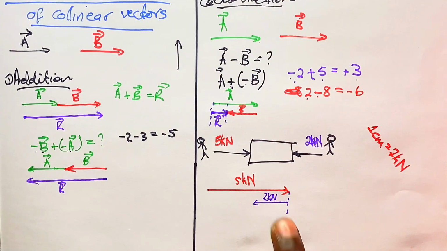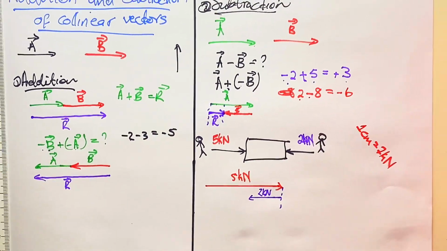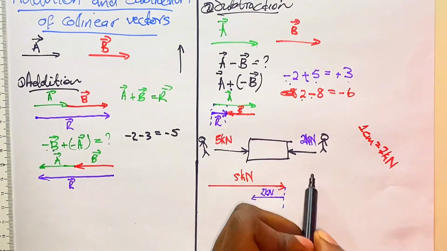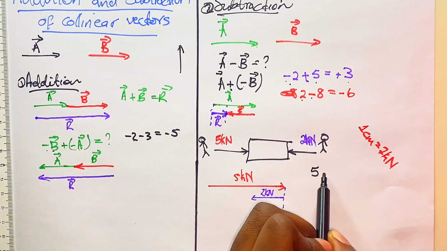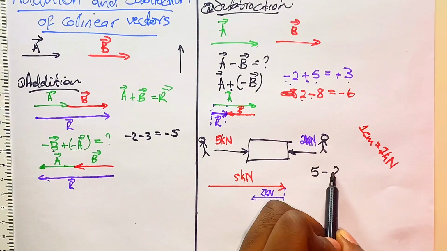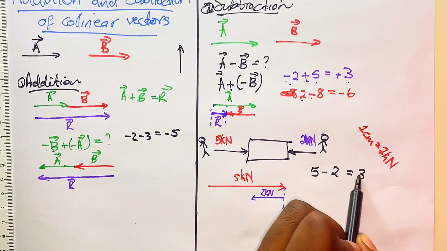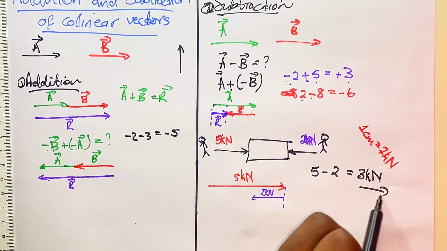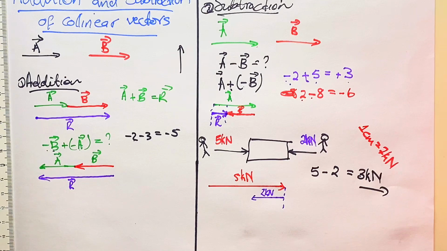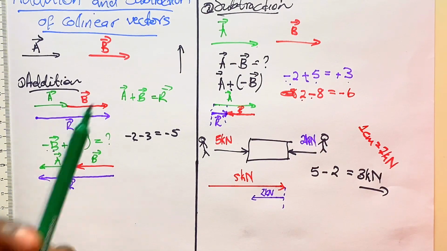Now, before we even find the resultant force, we know that a force acting at 5 minus a force acting at 2, we must be left with 3 kilonewtons in that direction, right? So even here, that's exactly what is going to happen.